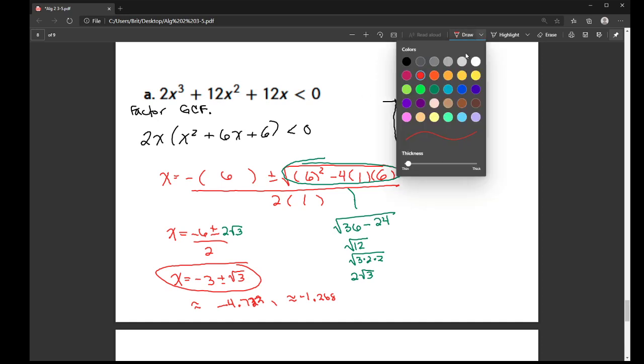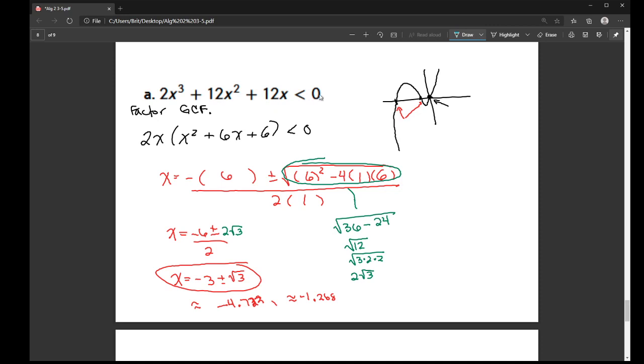So if I'm trying to find the solution of this inequality, it says that it's where it's less than 0, so I need this part. That's going to be where x is less than negative 3 minus root 3.